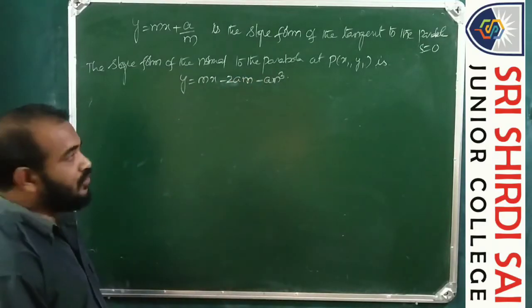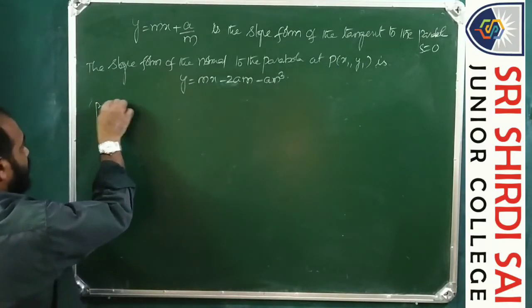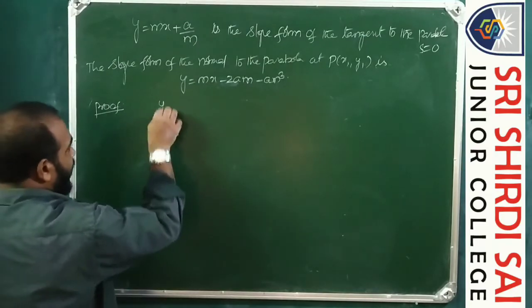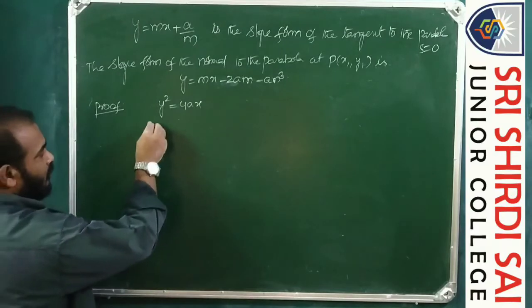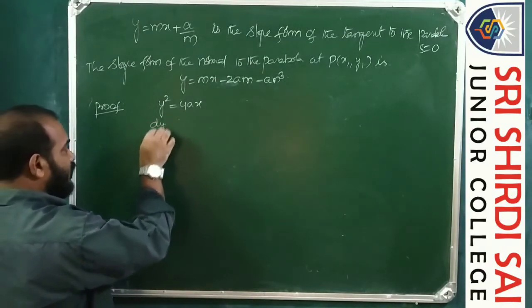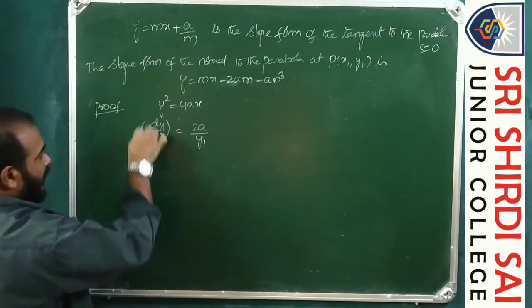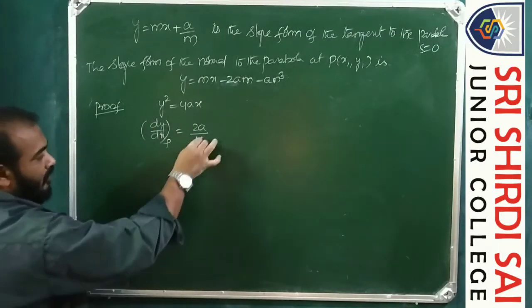So let us deduce this. Proof. So y square equals 4ax. For the parabola y square equals 4ax, slope is equal to how much? dy by dx equals 2a by y. At P(x1, y1) it is 2a by y1.